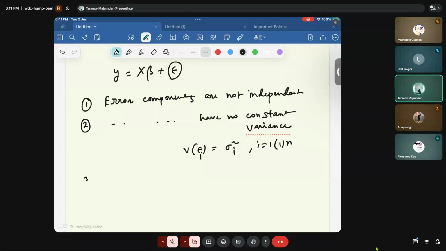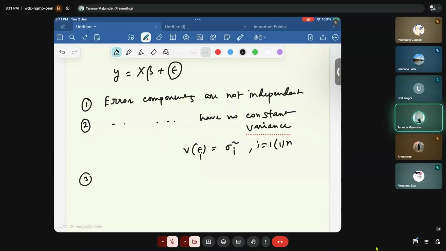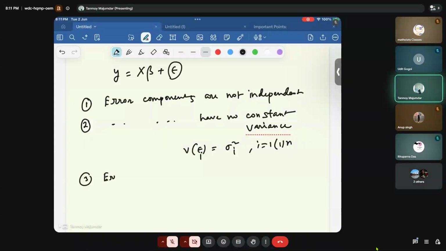Or the third case is that the error components do not have constant variance and they are not independent.